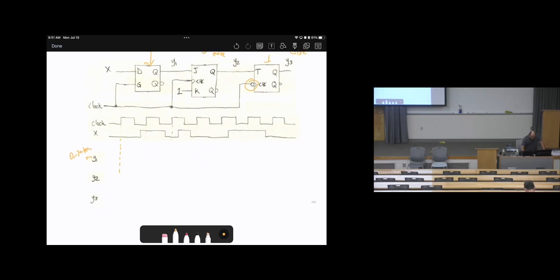So let's draw the guidelines for the terminals. I'm drawing the guidelines because during the on period, y1 will change.